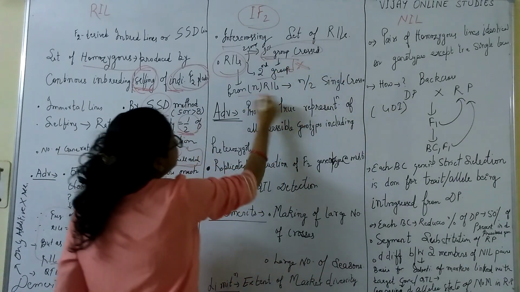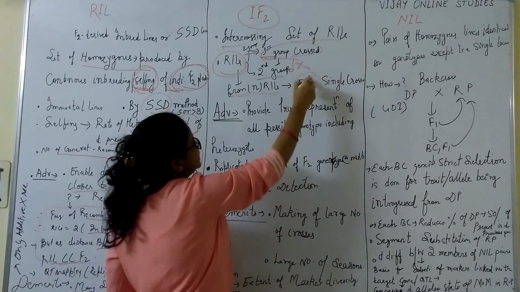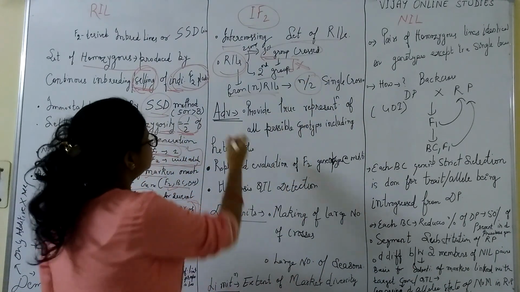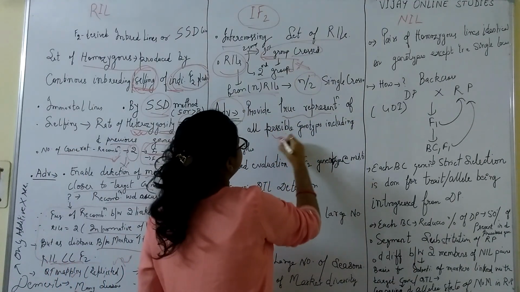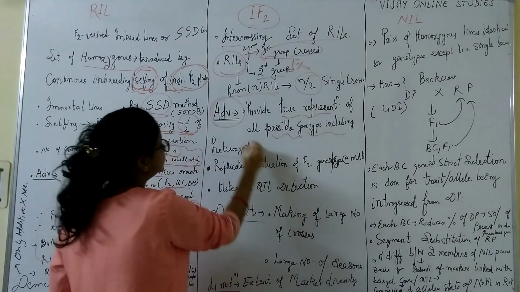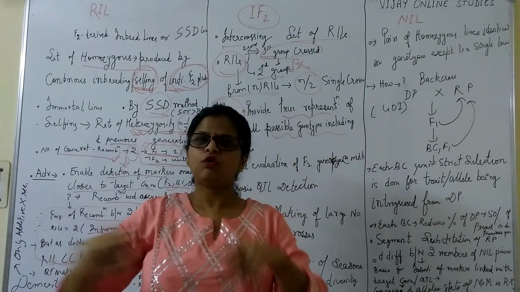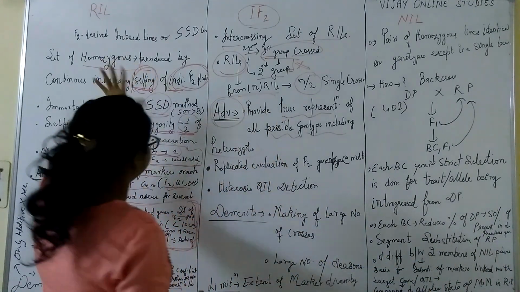If you have n number of RILs, then you will make n/2 single crosses. What is the advantage of this mapping population? It provides a true representation of all possible genotypes, including heterozygotes, which is not possible in RILs.